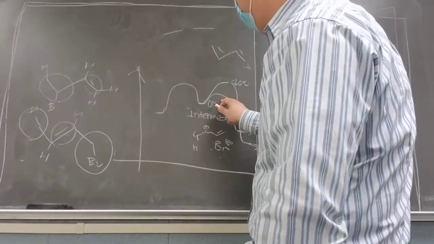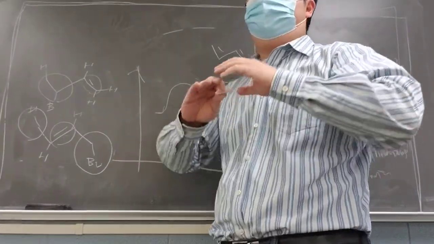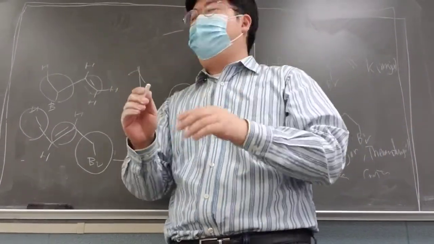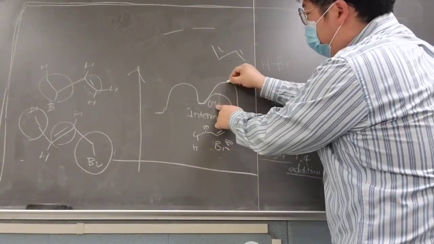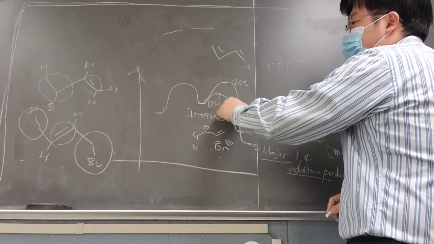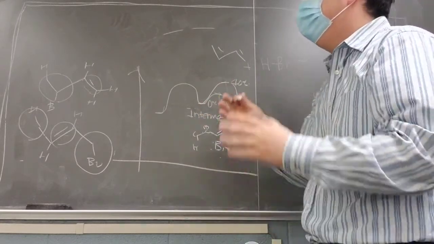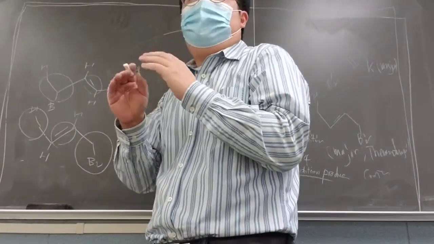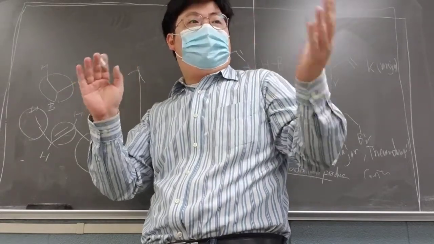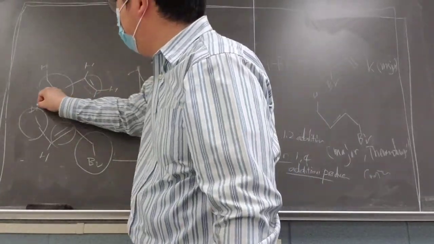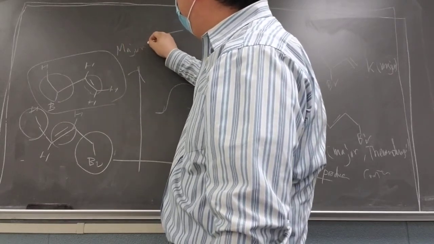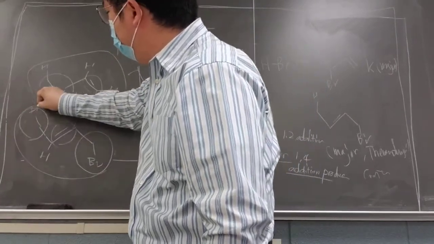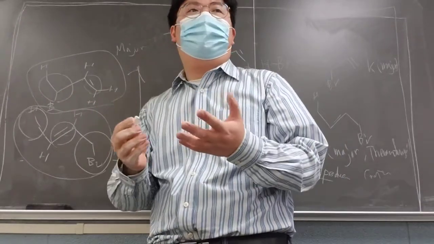If it's the other way, low temperature kinetic, this only depends on the speed, which only depends on the activation energy, which is much lower, much faster, much easier to make. So in low temperature, they don't have a lot of room for caring about the stability of the product, but the speed. So this will become major in the kinetic control. This will become major product in the thermodynamic control.